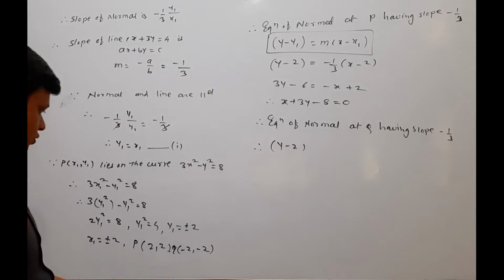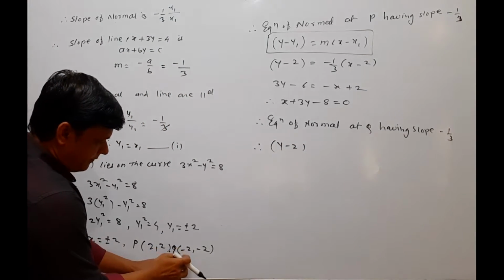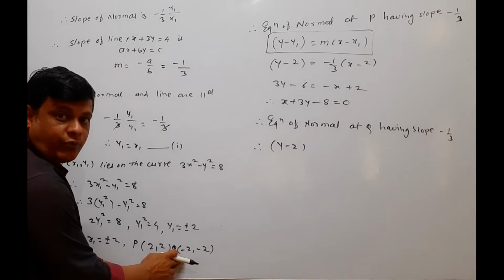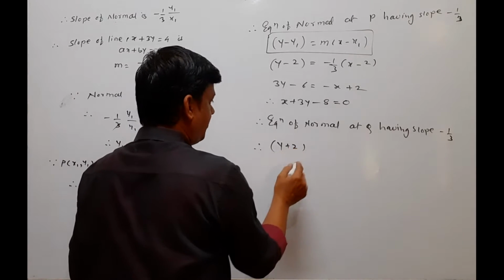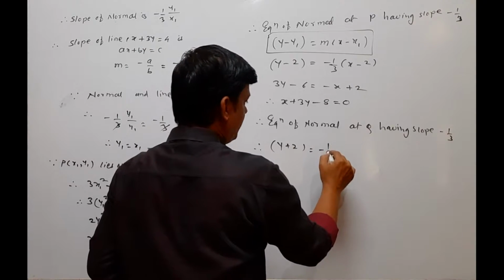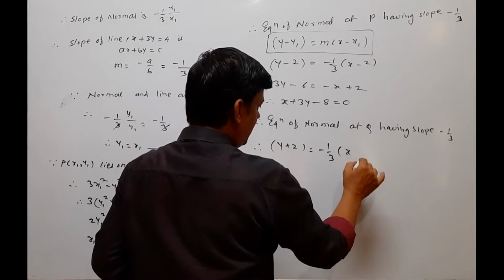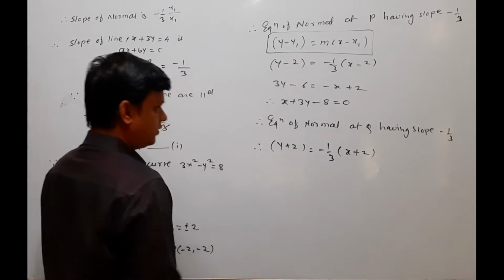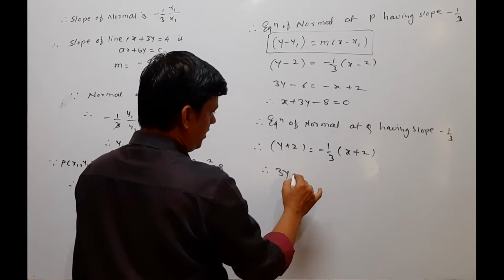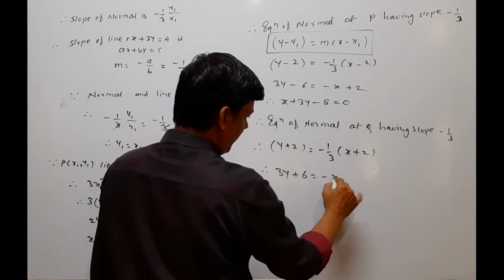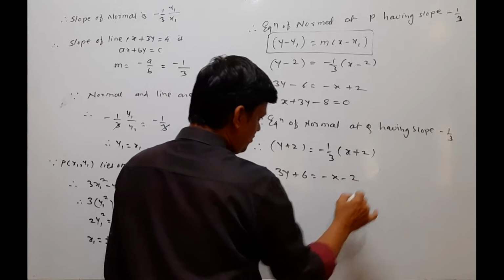Now see here, we have to take y here coordinate of point Q. So here x1 is minus 2, y1 is minus 2. So minus minus get plus. So y plus 2 is equals to minus 1 by 3 in bracket x plus 2. So transfer this 3 to left hand side. So we get 3y plus 6 is equals to minus x minus 2.